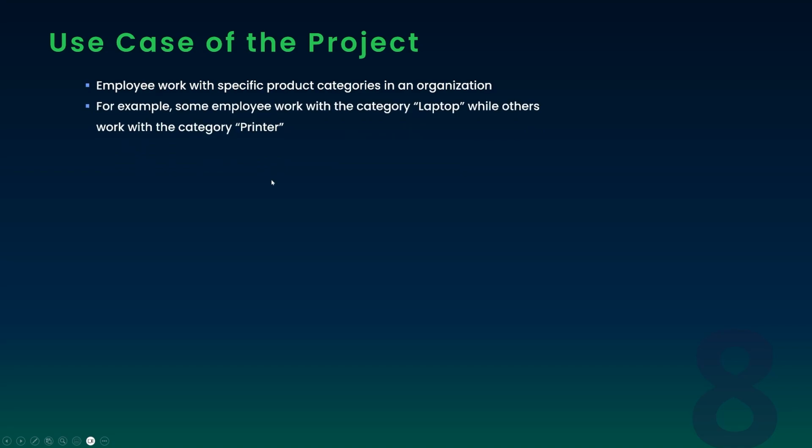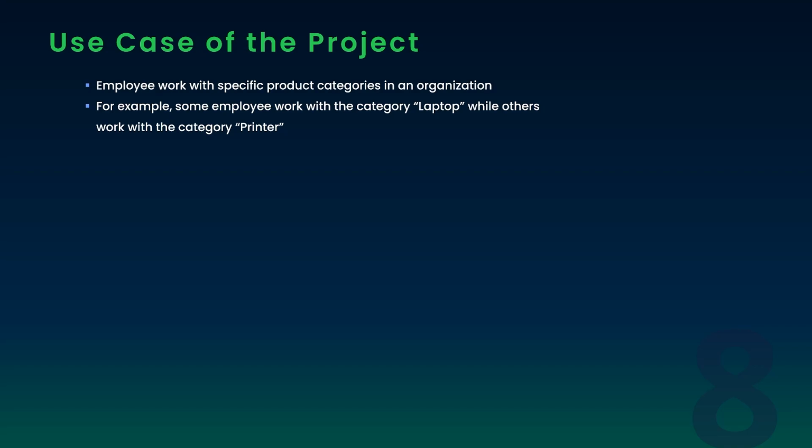Now let's talk about the use case of the project. For example, employees work with specific product categories in an organization. Different types of employees work based on that product category. For example, some employees work with only the category laptop, while other workers work with the category printer.